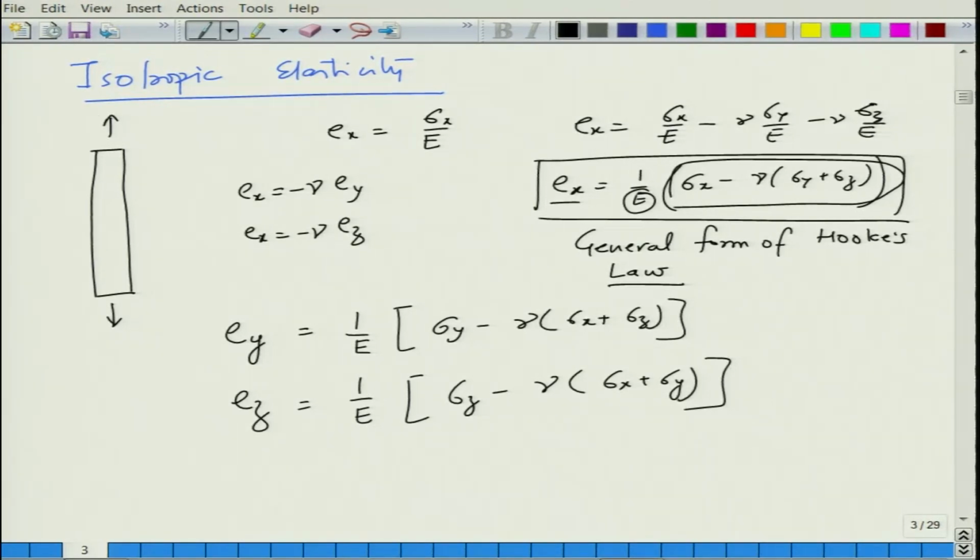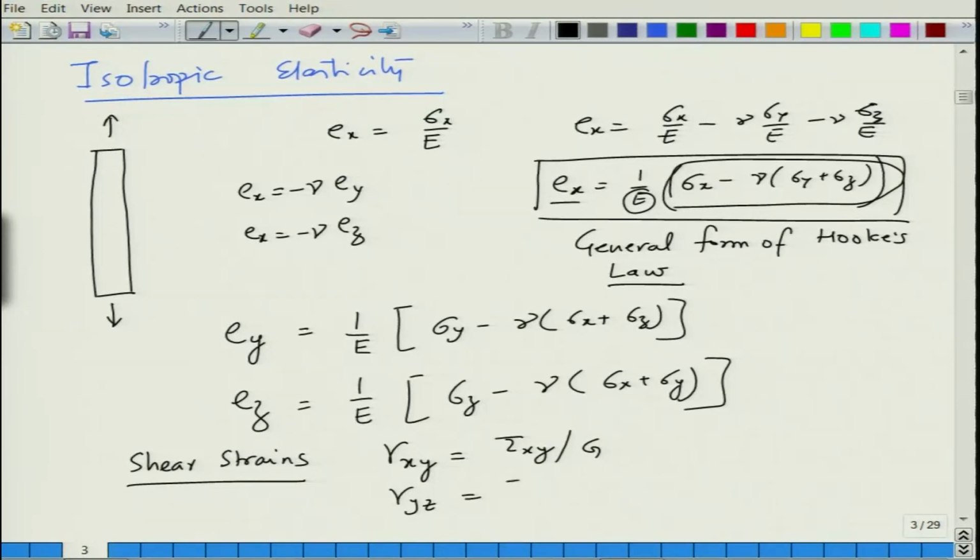Corresponding shear strains can be written as: gamma xy is tau xy divided by G, gamma yz is tau yz divided by G, and gamma zx is tau zx divided by G. These are the three shear strains that we have.